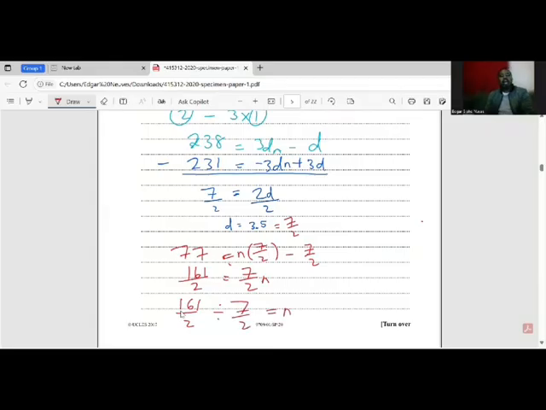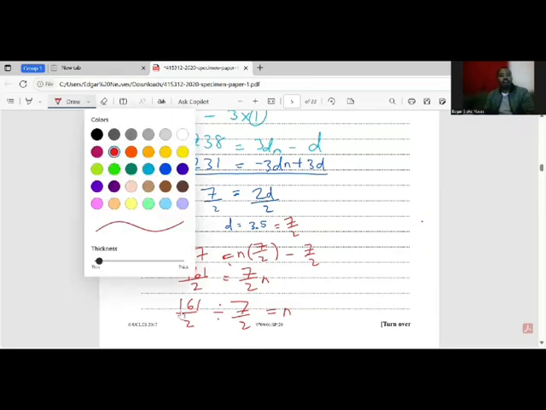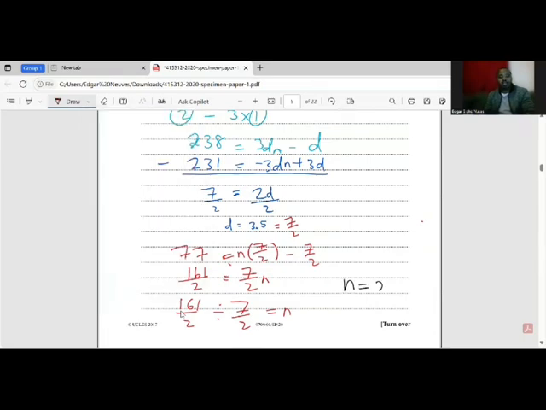That's equal to n. How do I get to this? I know when you solve an equation in algebra, to get this variable n by itself, you must divide by the coefficient. So divide by 7 over 2 on both sides. 161 over 2 divided by 7 over 2. That leads me to a final result of n is equal to 23. So for this one, n is 23 and d is 7 over 2.